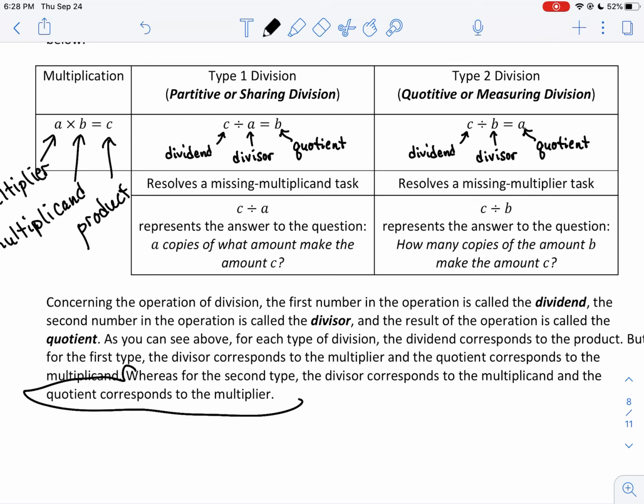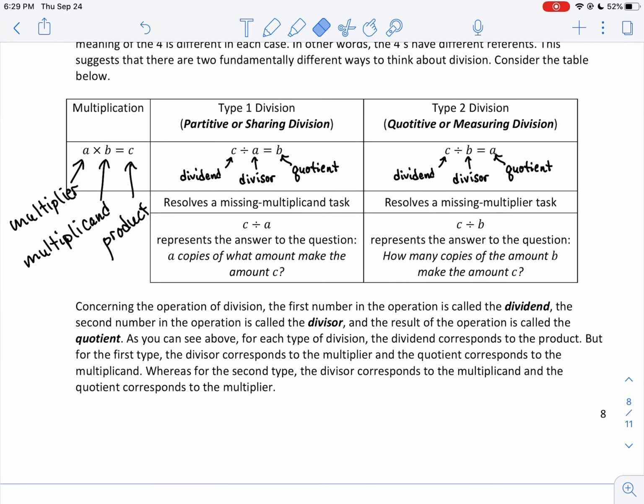Whereas for the second type, the divisor corresponds to the multiplicand, and the quotient corresponds to the multiplier. Now it's really easy to get lost in this mess of terminology.